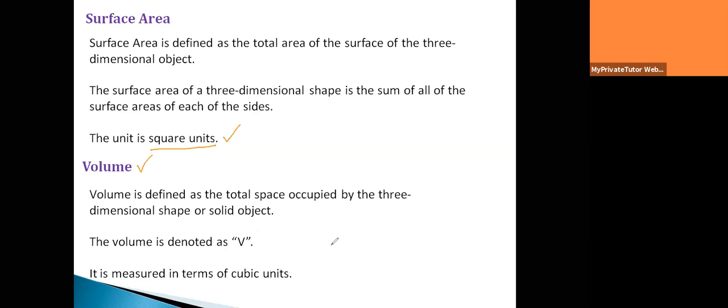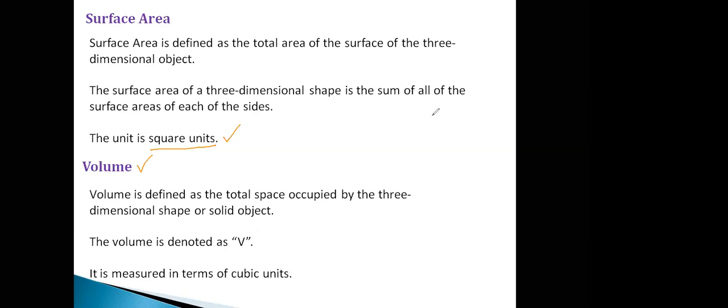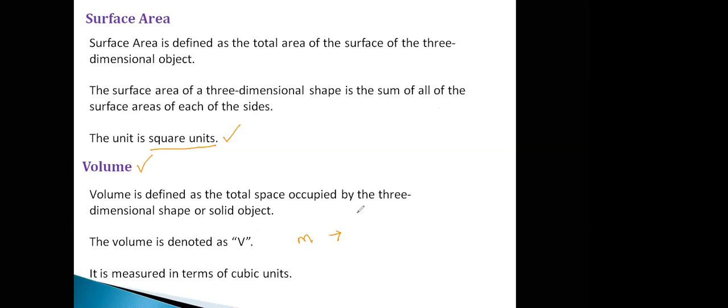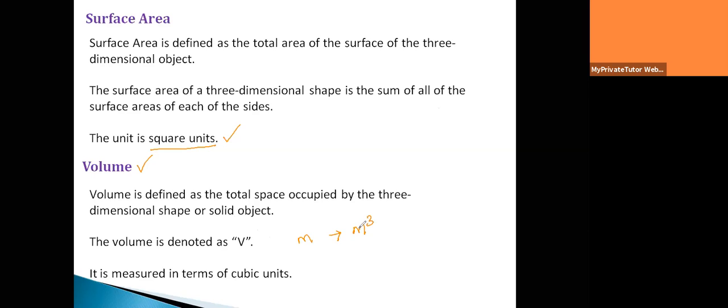If it is centimeters, then it is centimeter cube. But for surface area, it is area, so we get centimeter square, meter square, inches square. It depends on the question.